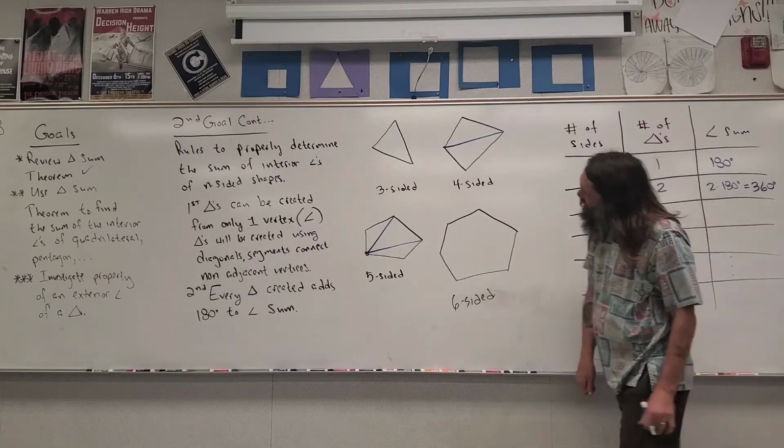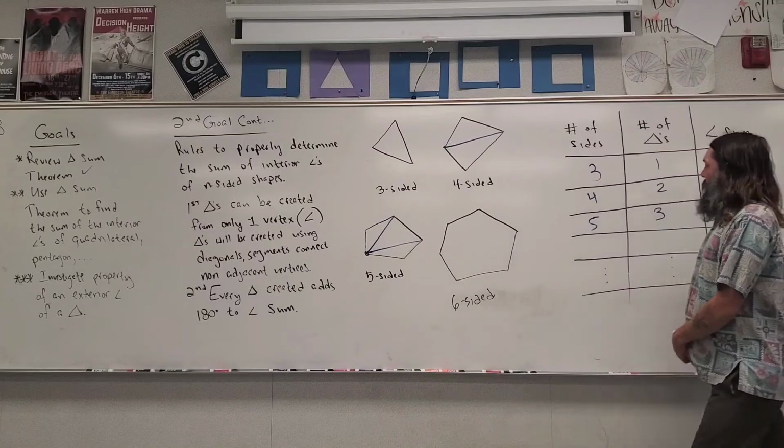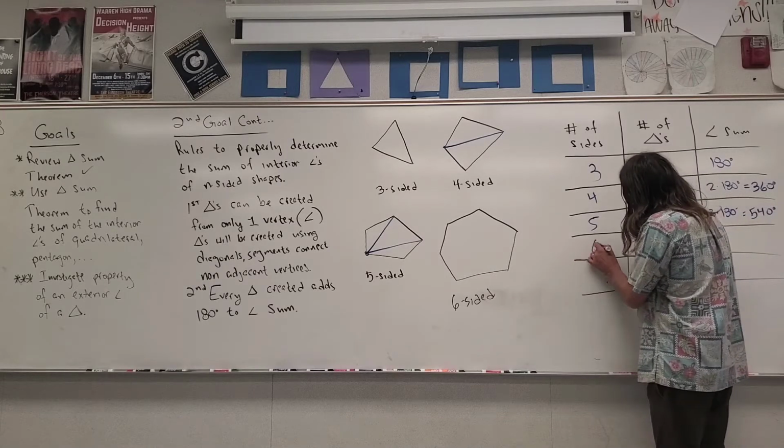And remember, each triangle created adds 180 degrees to the angle sum. So that means that I have 3 times 180 degrees, which means the 5 angles of any 5-sided shape must add up to 540 degrees.